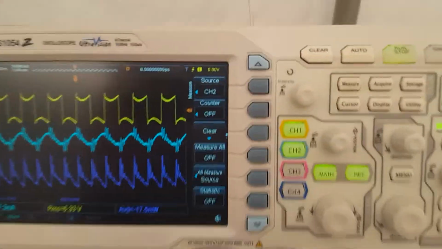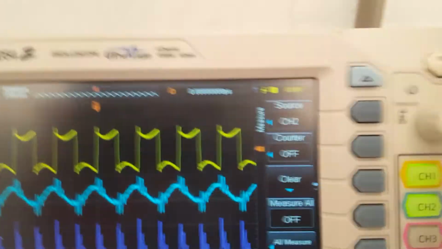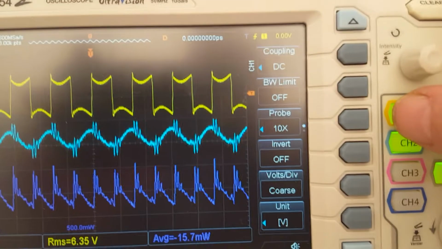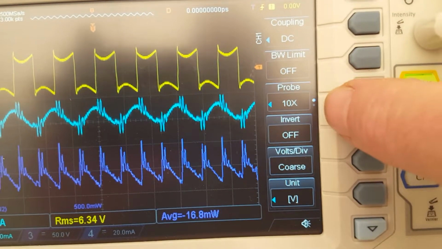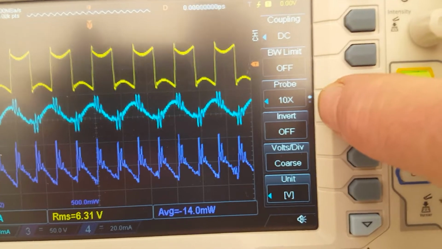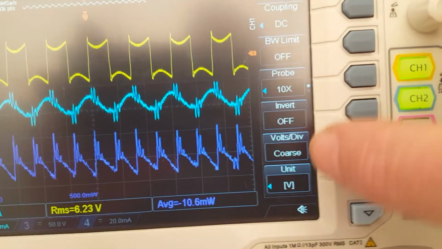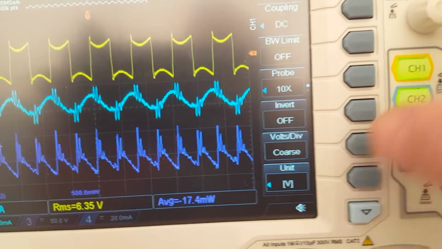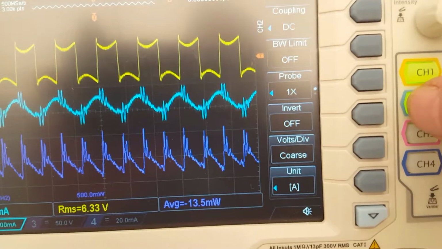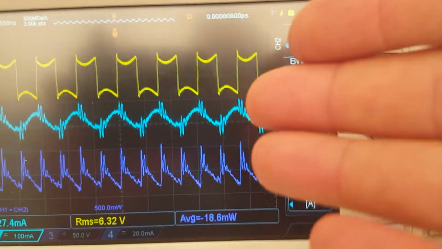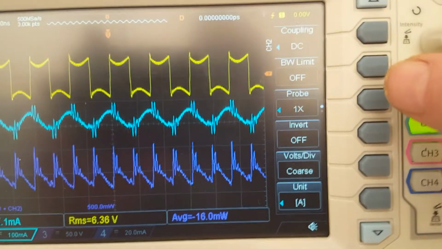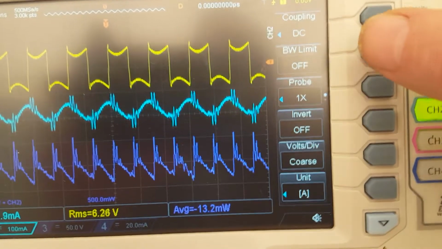Okay, now let's look at this. Here's channel 1. I have the probe set 10 times using units of voltage. First of all, guys, there's my waves. Here's channel 2.